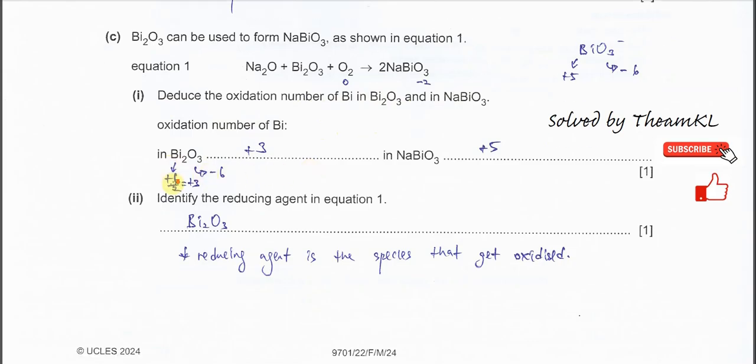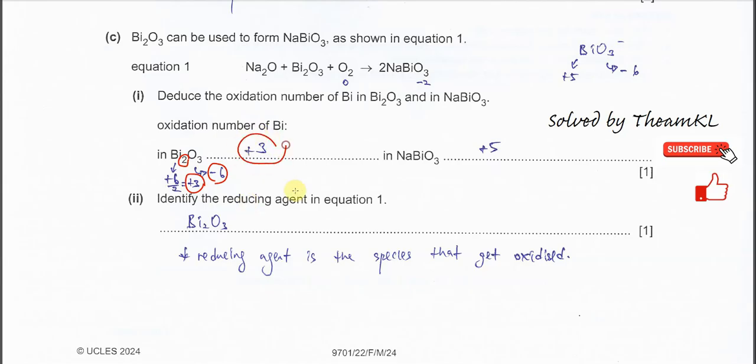So in the bismuth oxide, because there are 3 oxygens there, it's -2 times 3, so it's -6. The bismuth, therefore, will be +6/2 because there are 2 bismuth there. So therefore, the oxidation number of the bismuth in this oxide is positive 3.